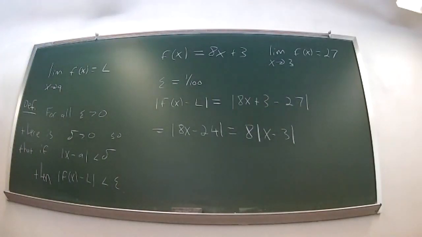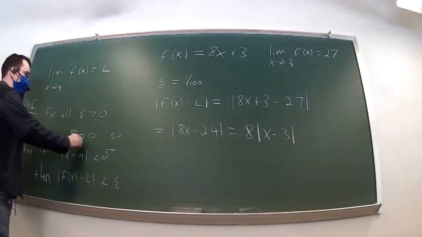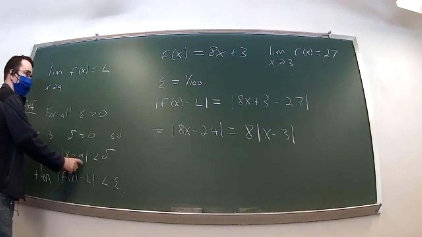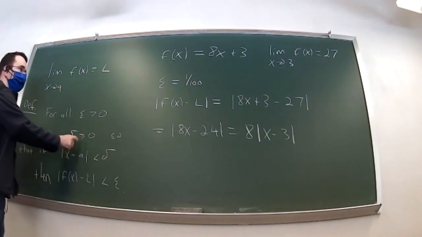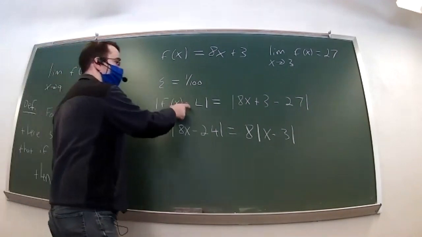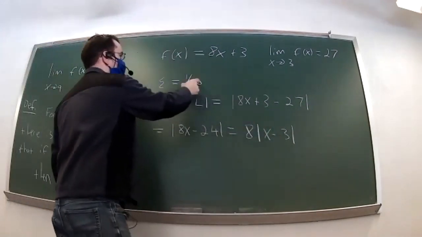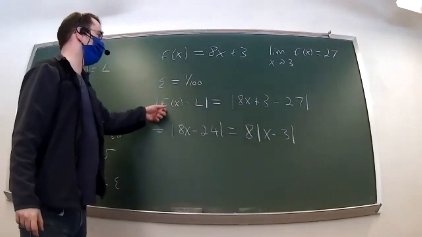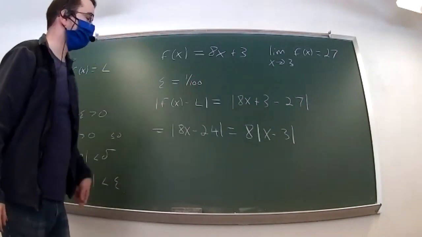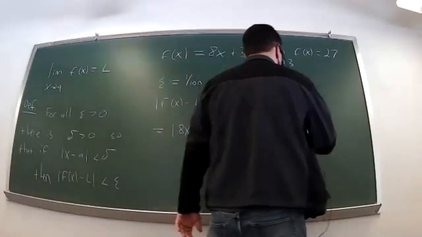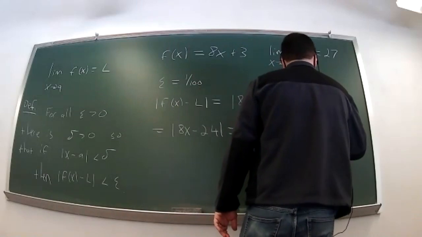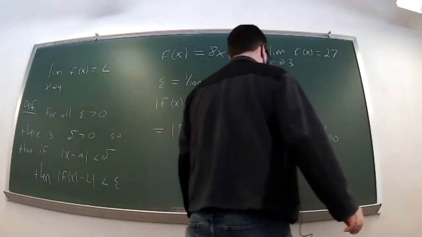And so this is looking good to me. So here's what I'm wanting to do. I want to find a number delta so that when the absolute value of x minus 3 is less than that number, this quantity is less than 1 over 100. So here's f of x minus L in absolute value. I'm asking for this to be less than 1 over 100.